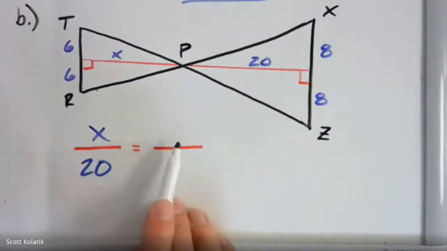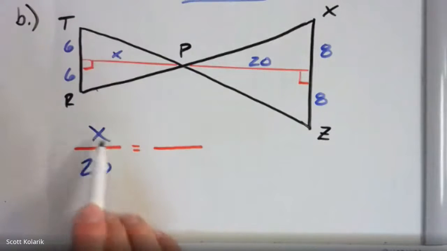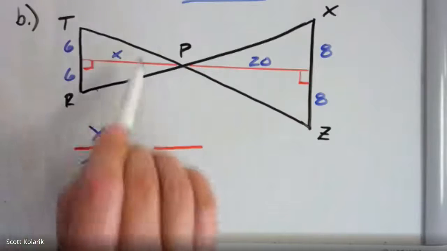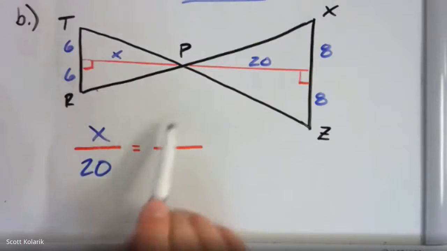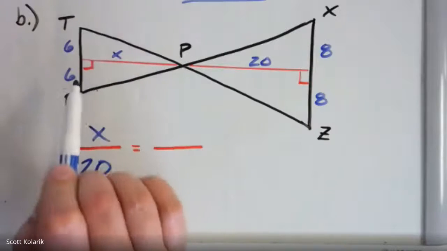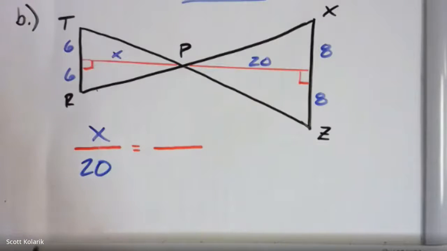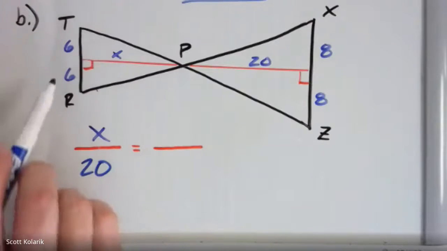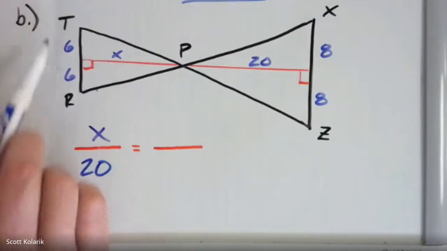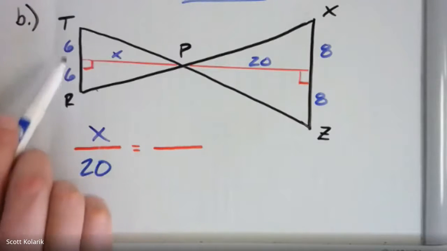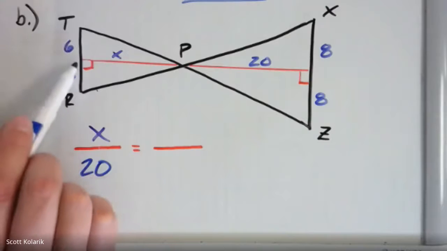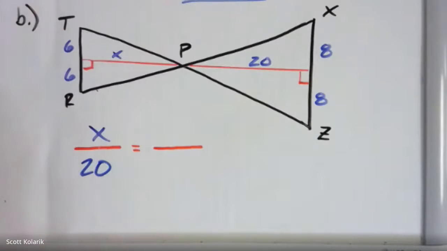All right, numerator-wise, this X was part of triangle RPT. So my numerator over here must also be part of this triangle. Now, I actually have a couple of options here, much like I did in the last example. In this case, they actually break up this side TR into two little pieces, namely from each corner to that center piece of that perpendicular intersection.